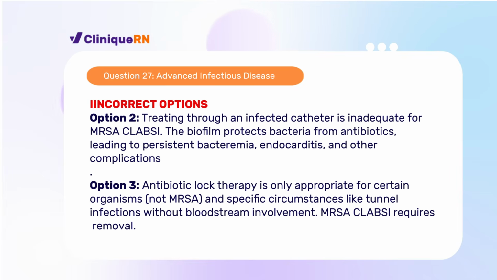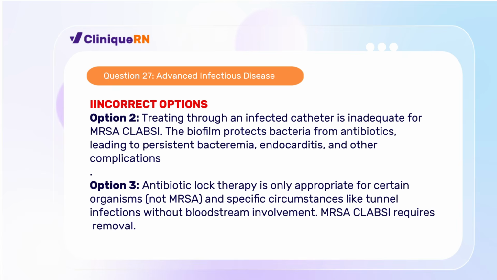Why are other options incorrect? Option 2. Treating through an infected catheter is inadequate for MRSA CLABSI. The biofilm protects bacteria from antibiotics, leading to persistent bacteremia, endocarditis, and other complications. Option 3.